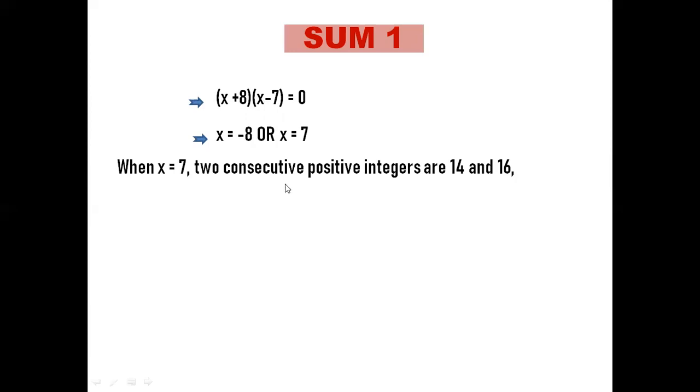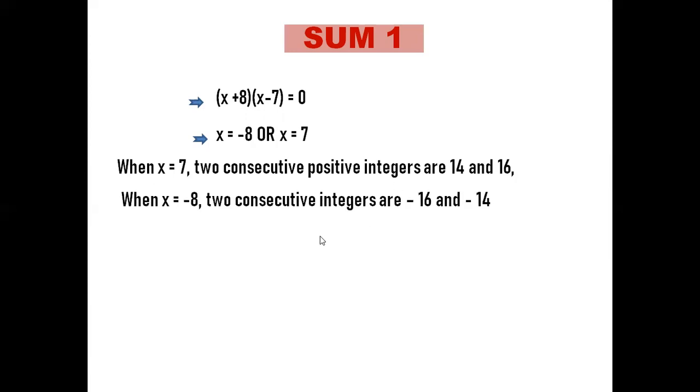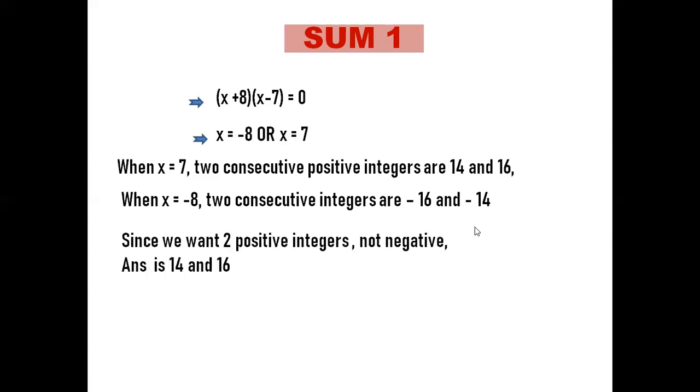So when x equals 7, we get positive integers as 14 and 16. But when x equals minus 8, 2 times minus 8 is minus 16. And 2x plus 2 is minus 16 plus 2, which is minus 14. But we want here positive integers, right? Not negative. So the answer is 14 and 16. So this is how we solve.